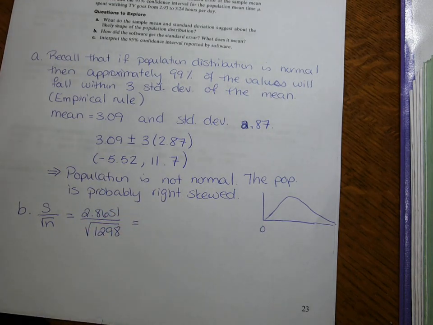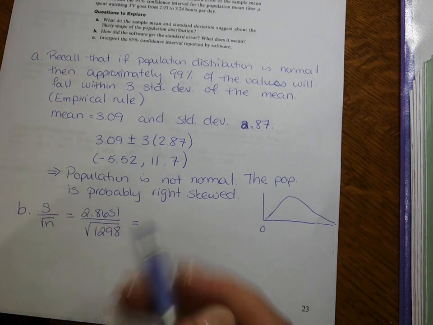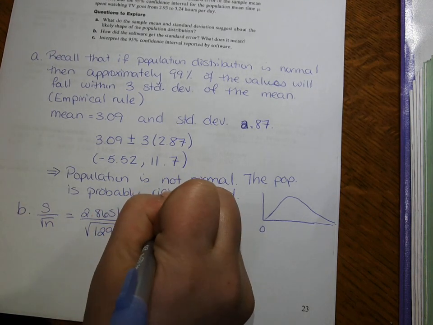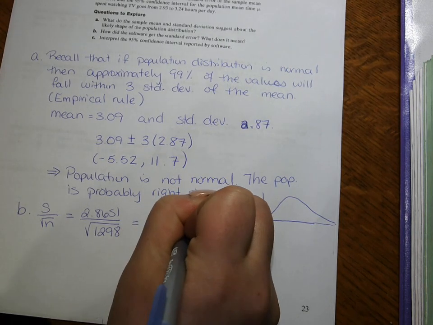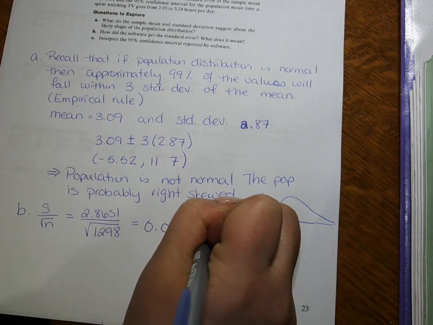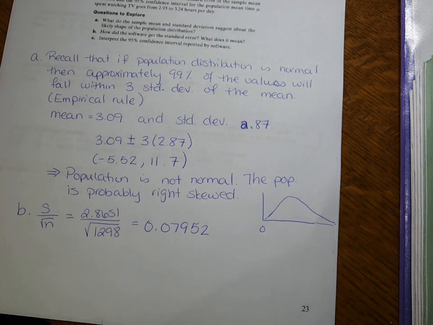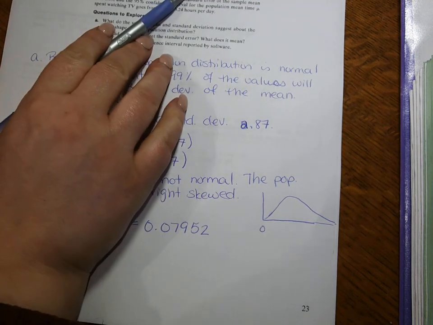We'll place that in the calculator. This gives the value 0.07952, which you'll notice is exactly the value they got right here.